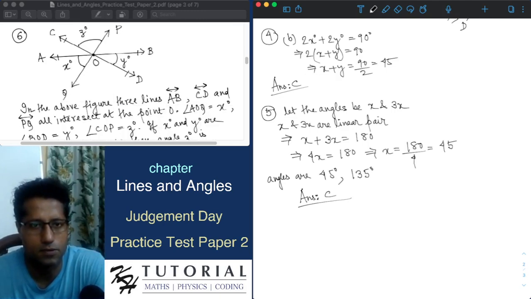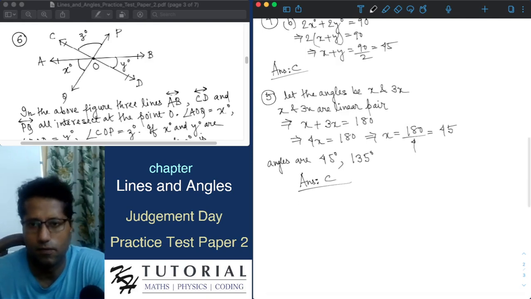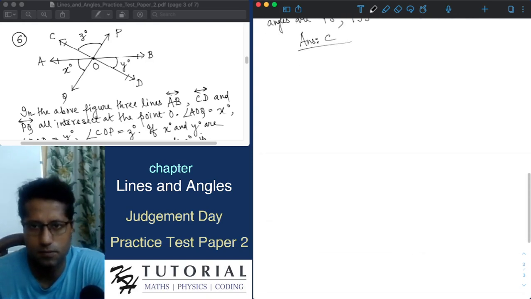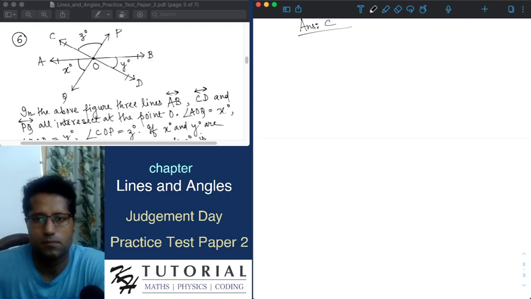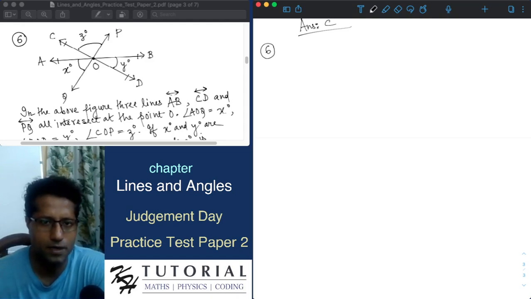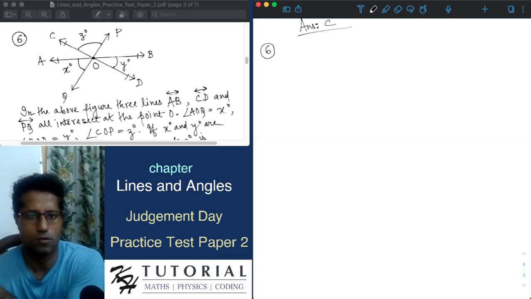Let's do problem number 6. We have a figure in problem number 6. Okay. In the above figure, three lines AB, CD and PQ all intersect at the point O. Okay.